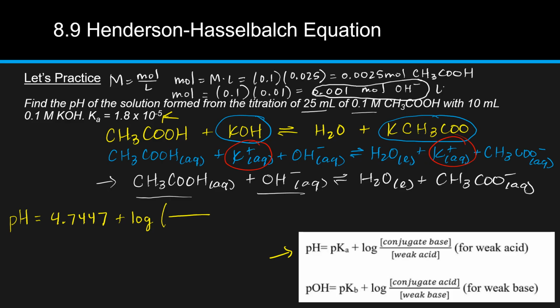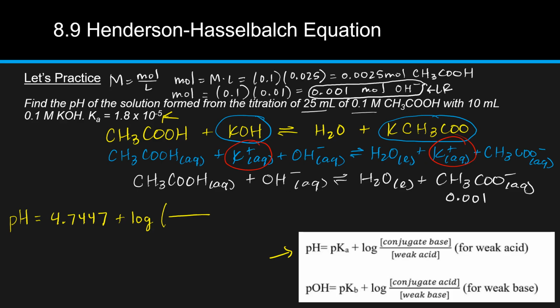So this is going to be my limiting reactant. And because hydroxide is my limiting reactant, I know that all of the hydroxide reacted with equal amounts of acetic acid to form the same amount of my conjugate base.